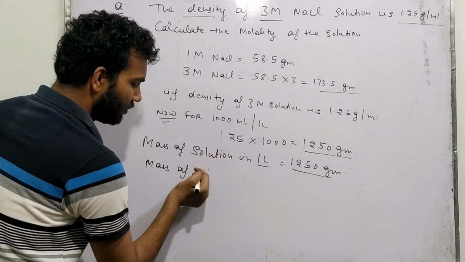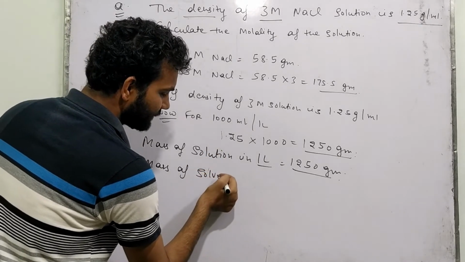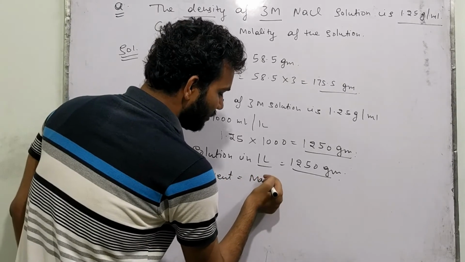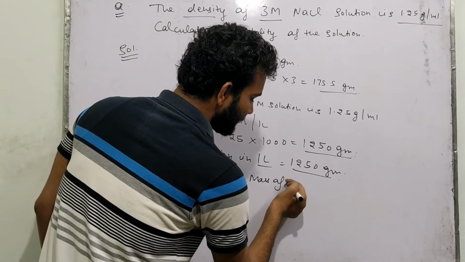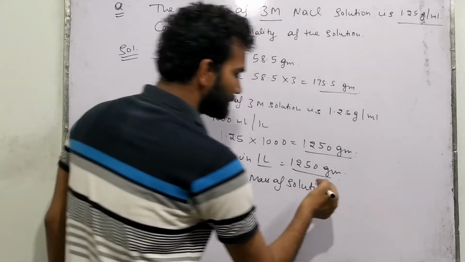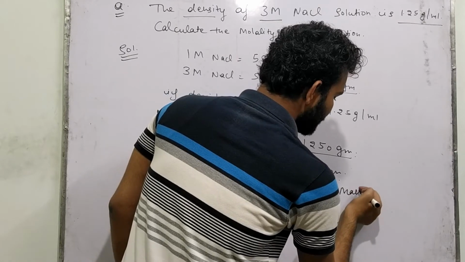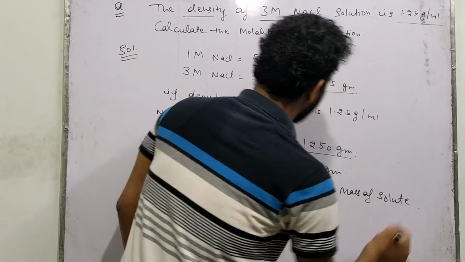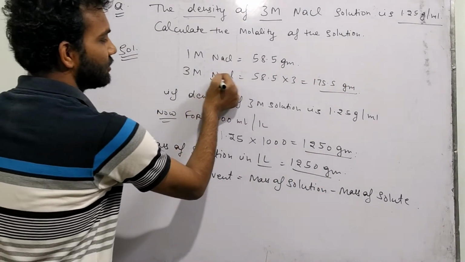What is the mass of solvent here? Now the mass of solvent is equal to what? Mass of solution minus mass of solute. Okay? NaCl is your solute.